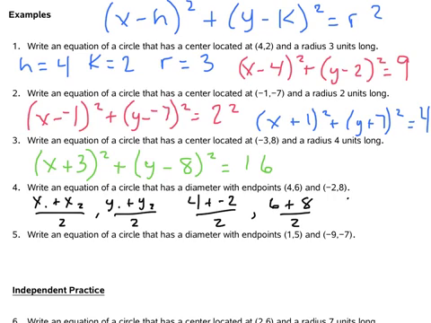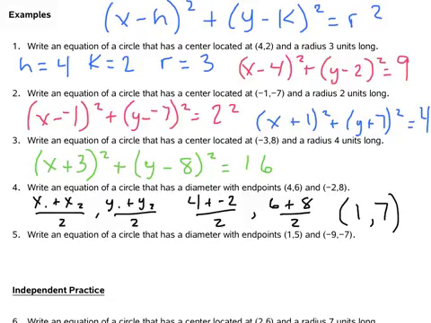So the center is, let's work this out, 4 plus negative 2 is positive 2, divided by 2 would give me a 1. And 6 plus 8 is 14, divided by 2 would give me 7. So here's the center. Now we need to find the equation, and we still need the radius.